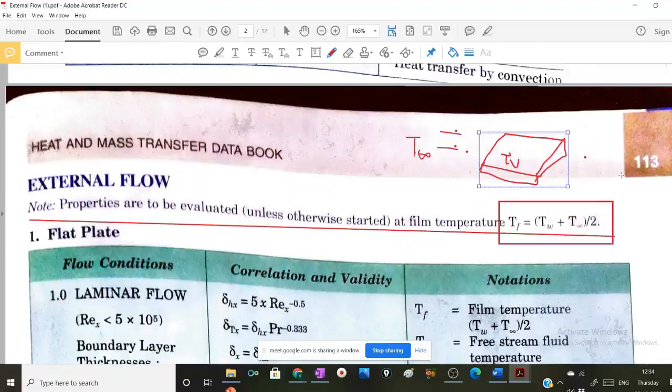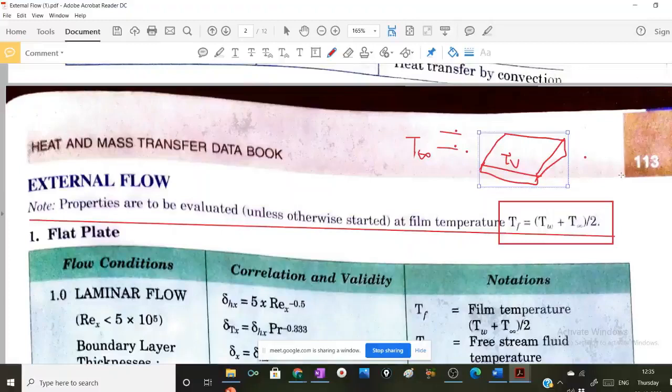Now what is the significance of this mean film temperature? This will be the reference temperature for external flow, and at this reference temperature we are supposed to find the thermophysical properties from table number 34, depending upon the type of fluid given to you.